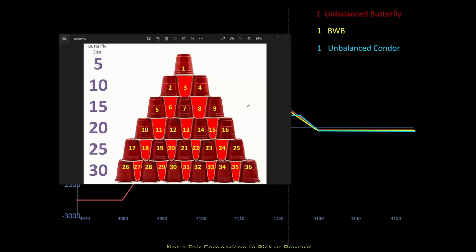Now, in a $5 wide butterfly, there's one $5 butterfly. In a $10 wide butterfly, there's four $5 butterflies. In a $15 wide butterfly, there's 9 butterflies that are $5 wide stacked up.